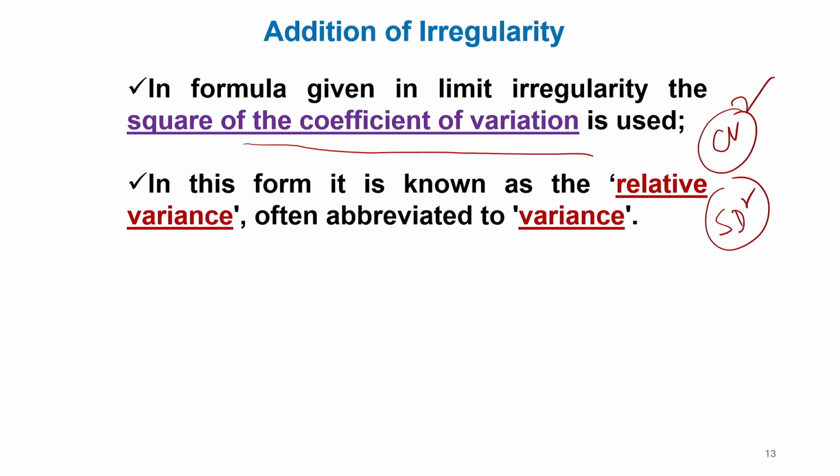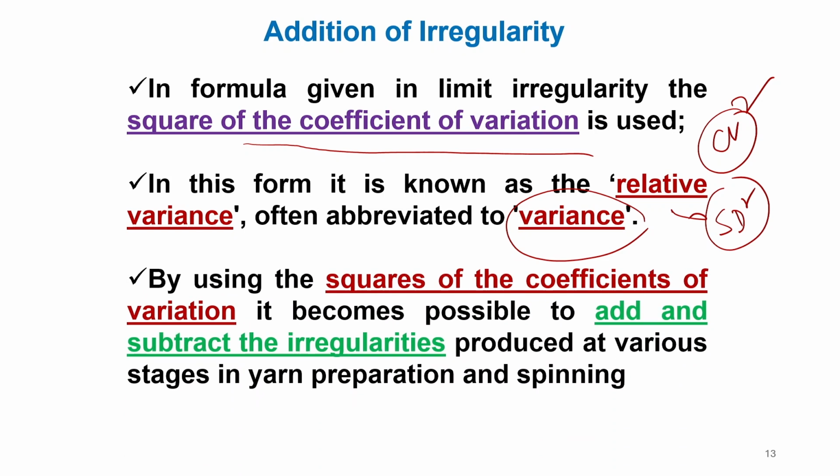Often we use relative variance as variance, although variance is the standard deviation square. By using the square of the coefficient of variation, it becomes possible to add or subtract the irregularity produced at various stages of yarn preparation and spinning, in draw frame, in ring frame, in speed frame.